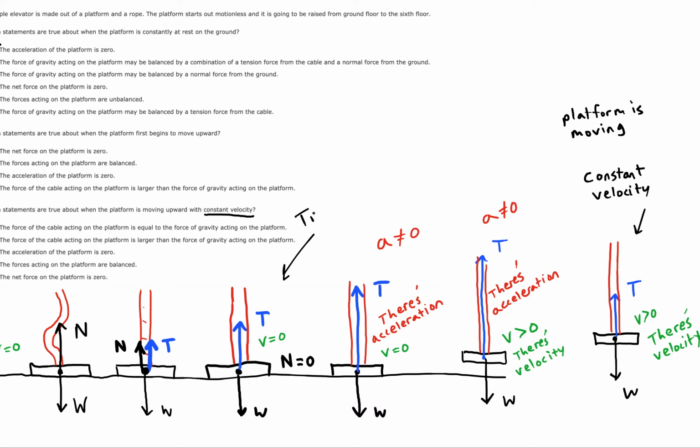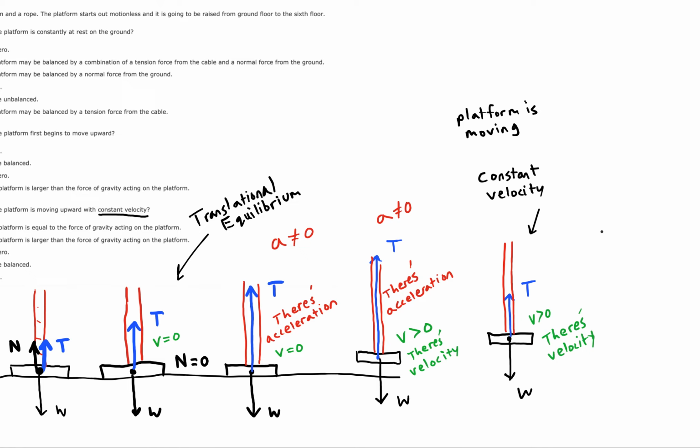See, we have translational equilibrium in this case. Forces are balanced, but you're not moving. But this one also shows translational equilibrium. And as long as you have some velocity, you'll just maintain that velocity with those forces.